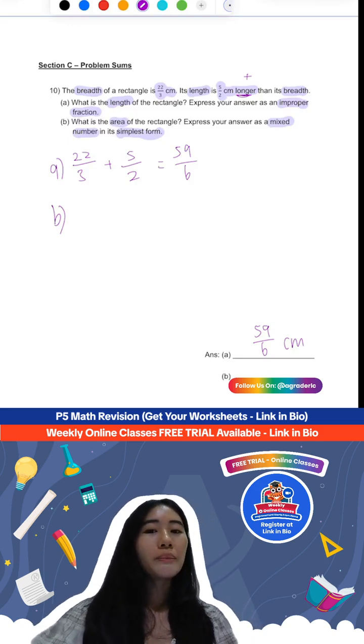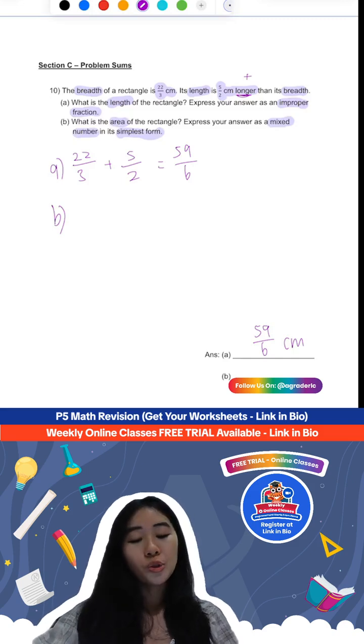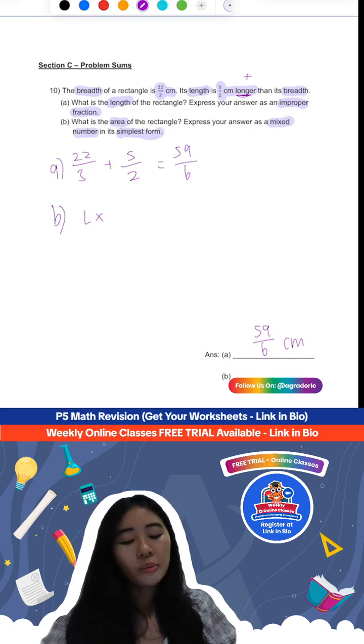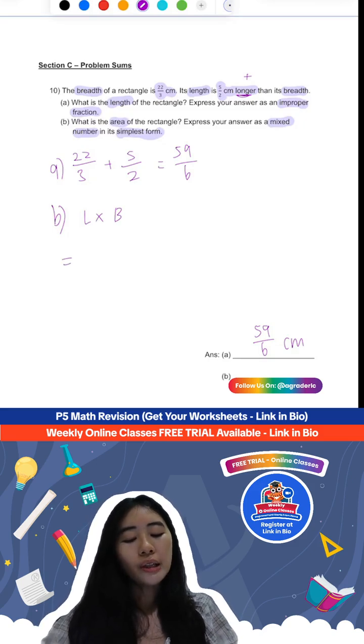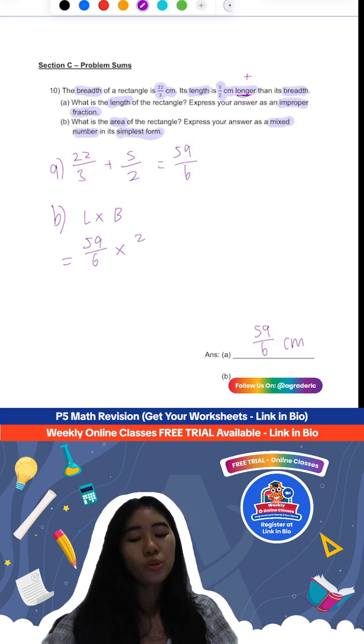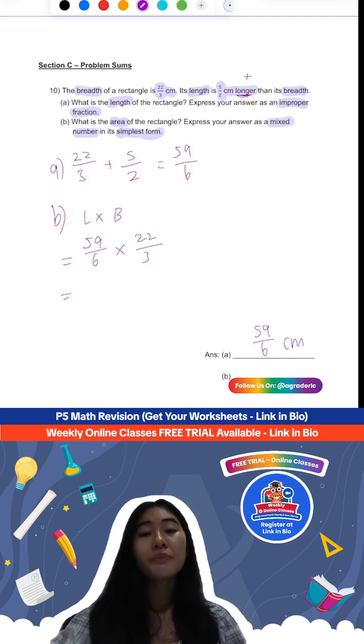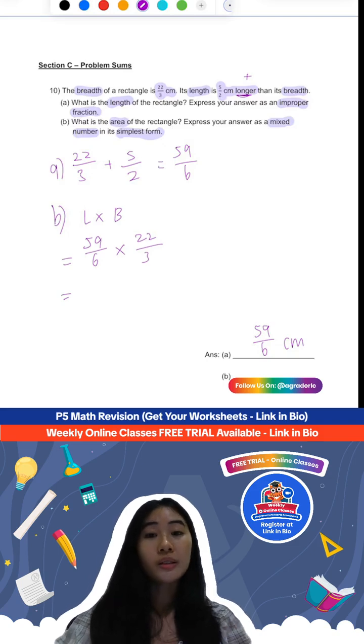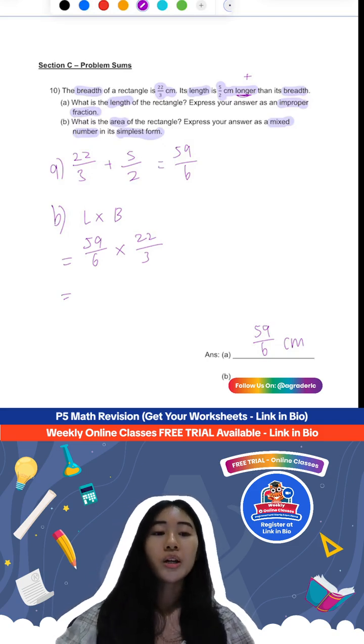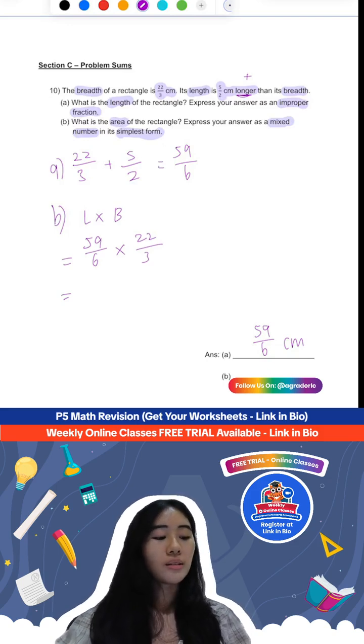Right, so for part B, you want to find area. So area would just be length times breadth. You already have the length, which is 59 over 6. Then you times the breadth, which is 22 over 3. So if this was not a problem sum, you would have to cross cancel and calculate this manually. But since it is a problem sum, you just key this whole thing into the calculator.